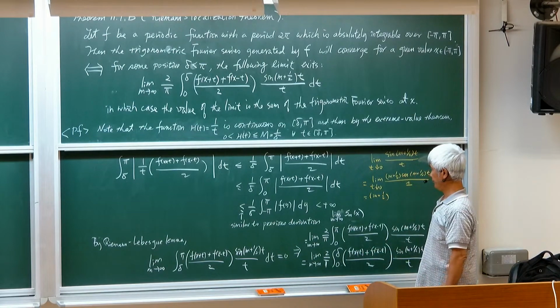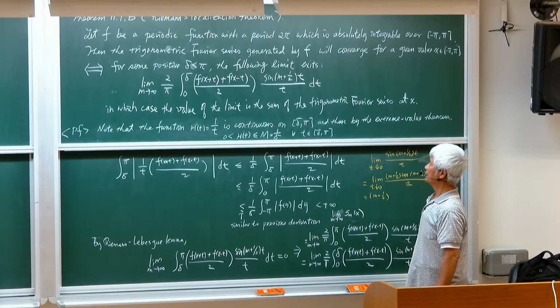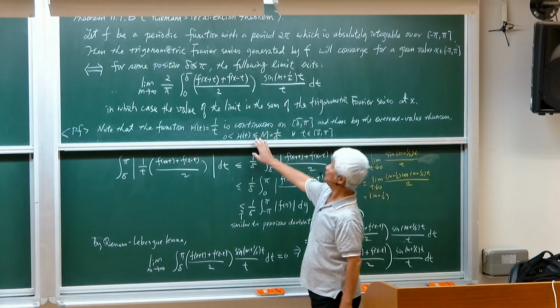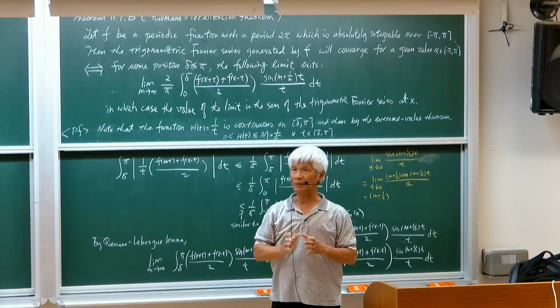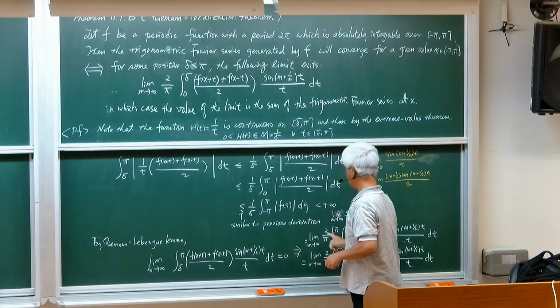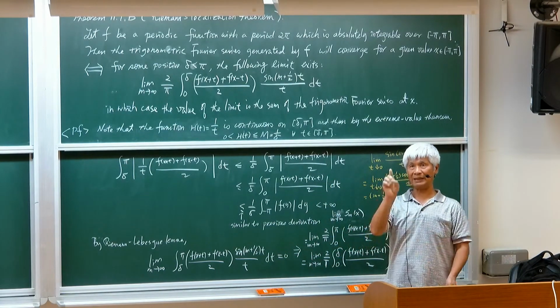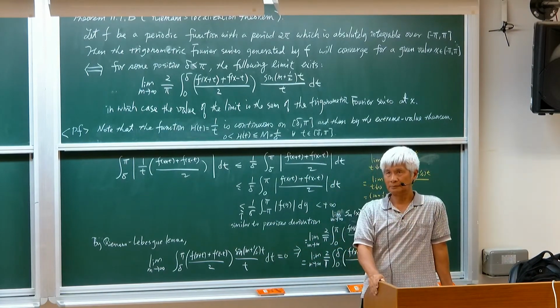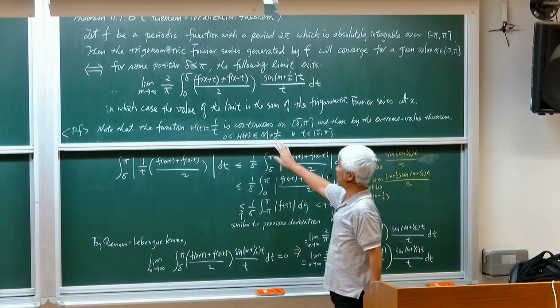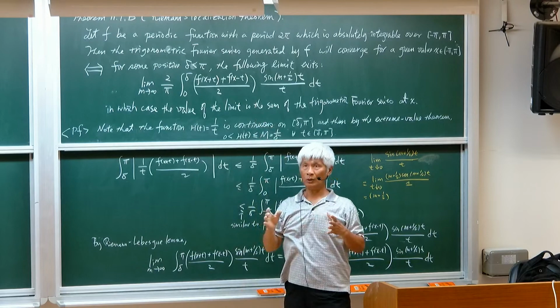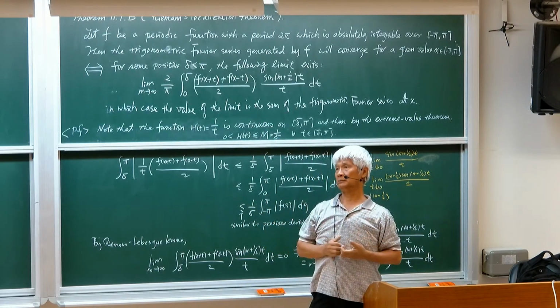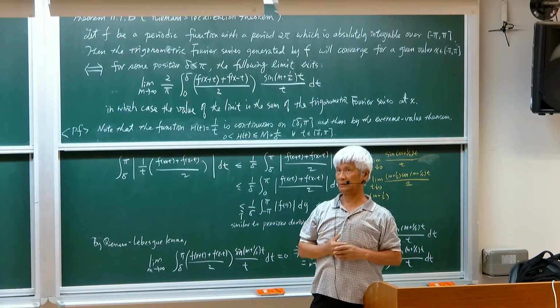So this convergence problem can be answered by the behavior of the periodic function f at the point x. I would like you to know why the theorem is called the localization theorem, very localized.